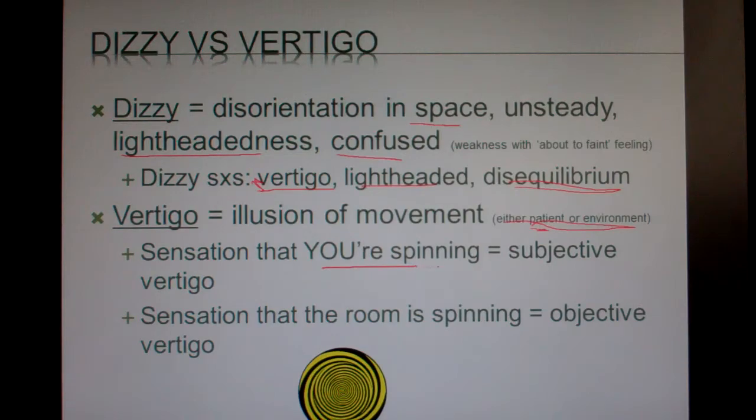If you're spinning, that's subjective, as in you're the subject, and you spin around. If the room is spinning, that's objective vertigo, and that means other things are spinning around. So the vertigo part of it is the spinning part of it. The spinning part can be part of being dizzy. So dizzy is like an overall catch-all, and vertigo is the spinning part of it.